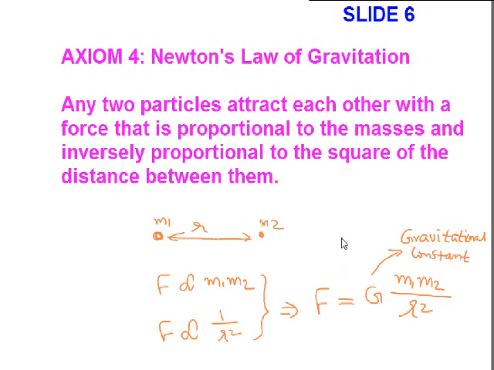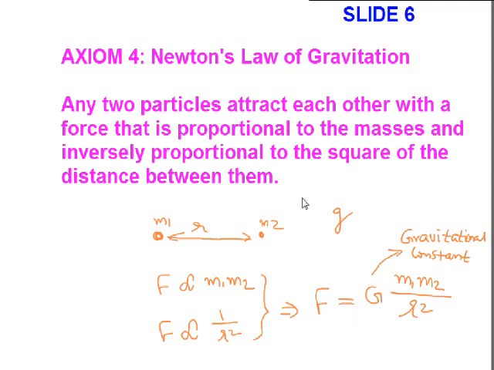We should be careful not to confuse capital G and lowercase g here. Lowercase g is acceleration due to gravity, and capital G is the gravitational constant.